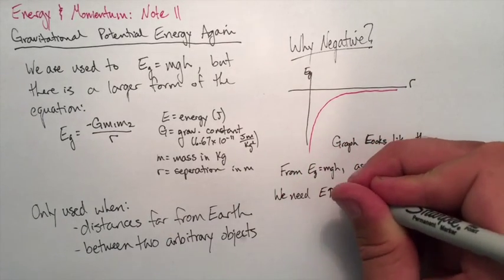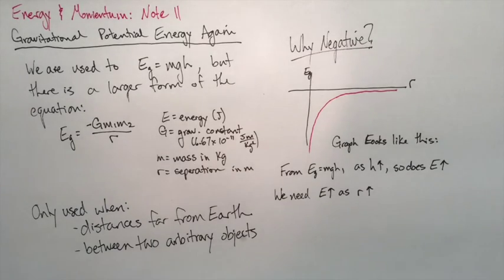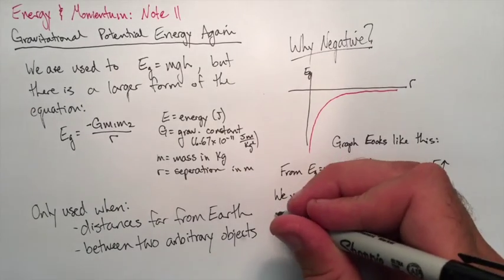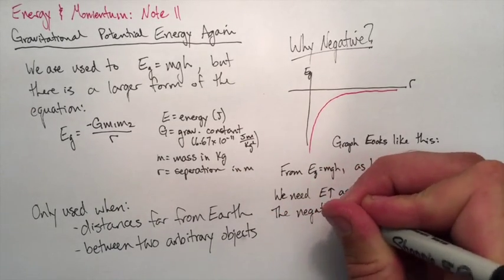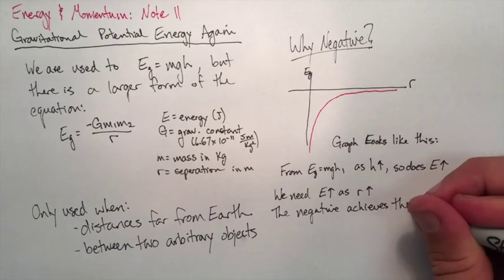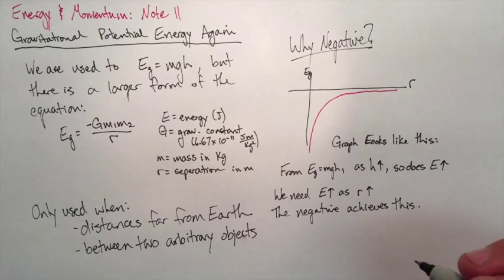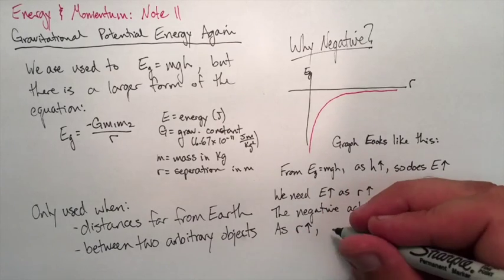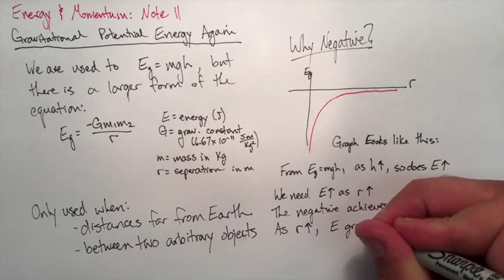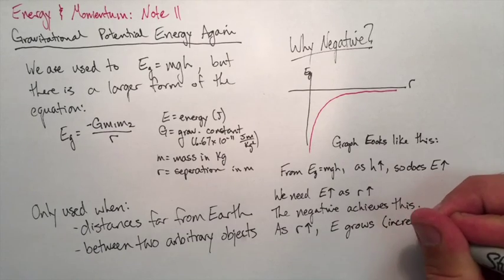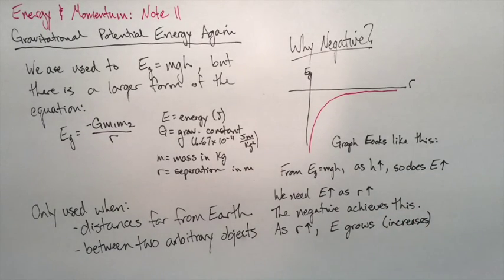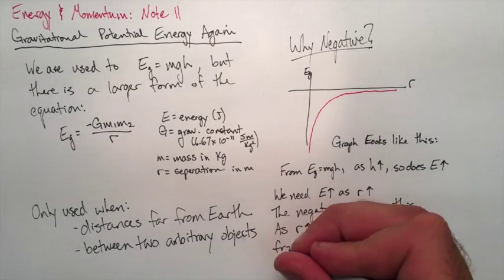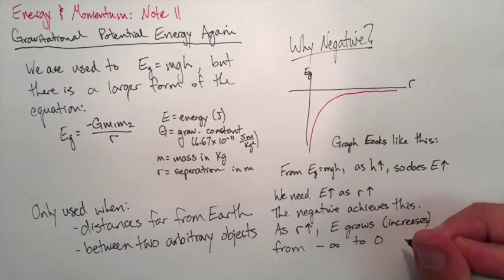So what we do is if we place a negative in front, as R goes up, the energy will also increase. So as R increases, E grows from negative infinity to 0. So this is a way we can get around it, we can still say that energy is increasing as our separation distance gets larger.